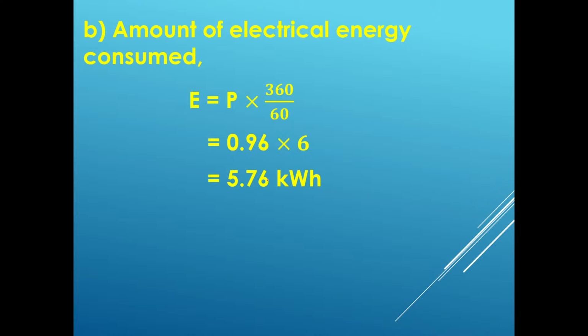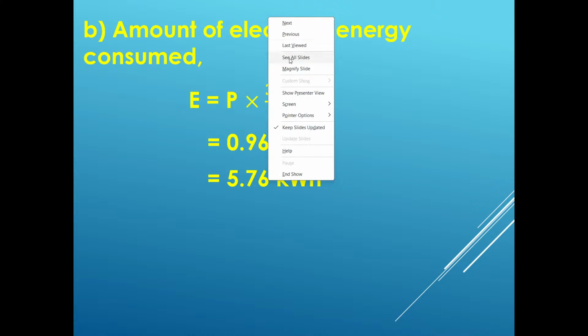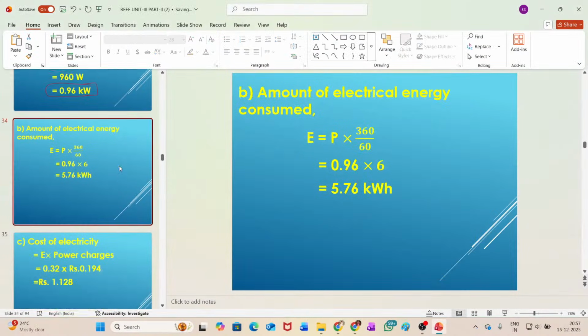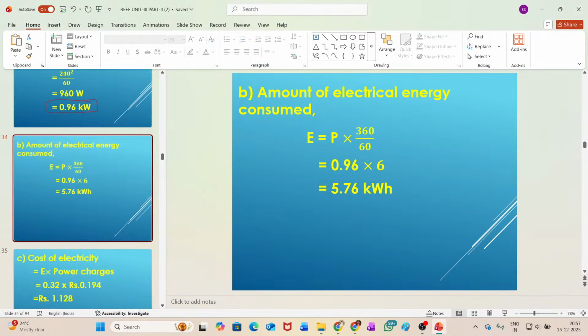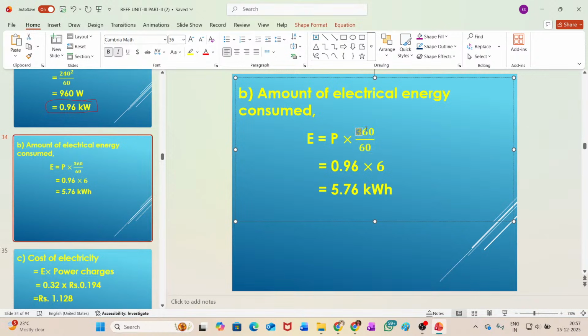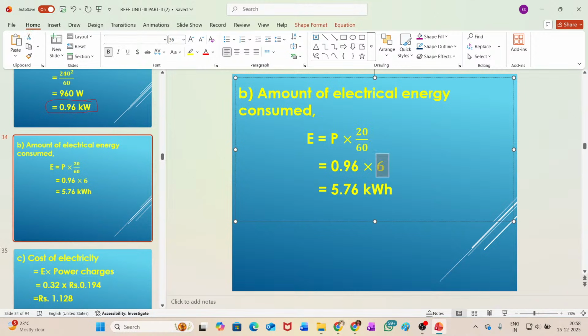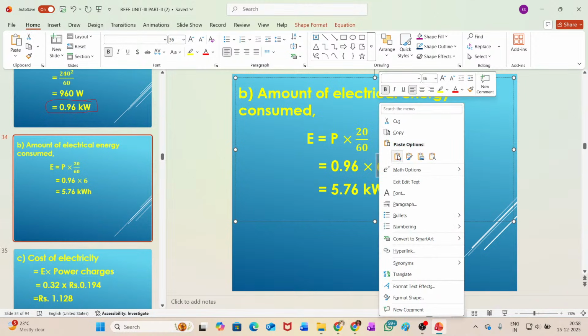So I will just change it here. Sorry, I wanted to erase. So this is 20, this is 16. So what do you get? 1 by 3 you will get. Copy and paste here.